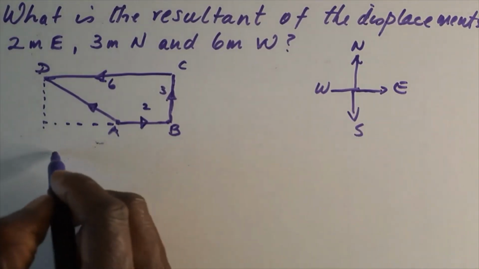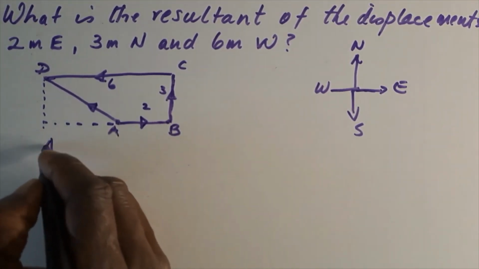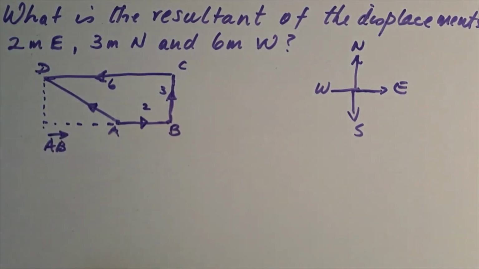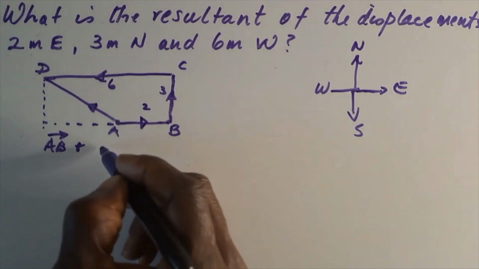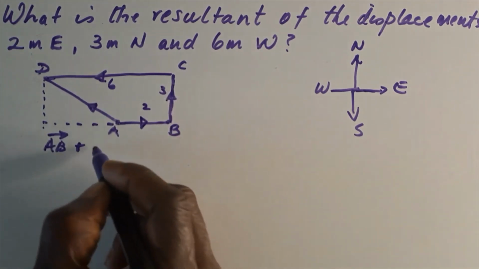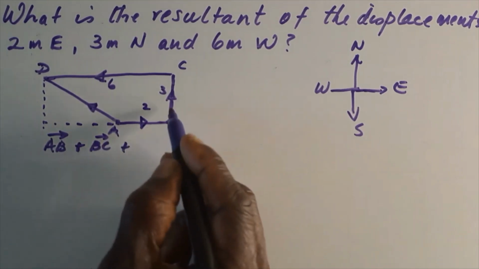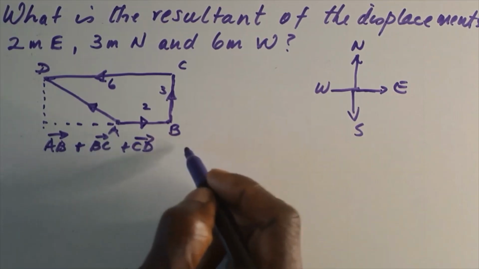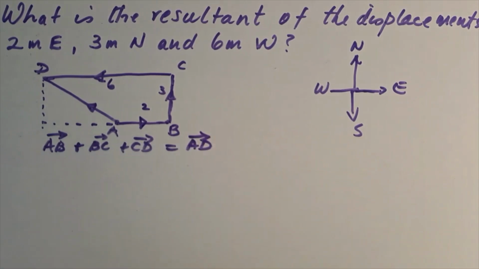Now, if we look at the displacement AB, this is the notation for displacement from A to B, which is what we have in the diagram. Then if we add this displacement to BC, and we add that to CD, we'll have our resultant, which is AD.